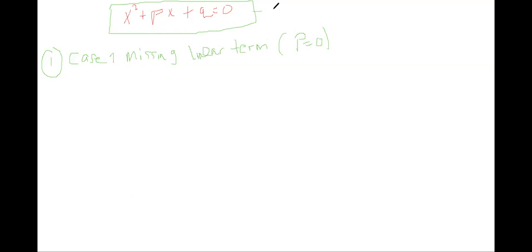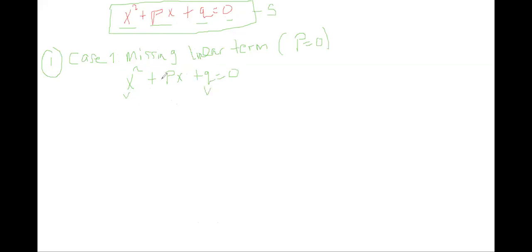Remember, this is the standard or general format. It has all the terms: quadratic, linear, constant, and the 0. But sometimes this component will be missing. x squared plus px plus q equals 0. So sometimes you will see quadratic equations where this will be there, this will be there.